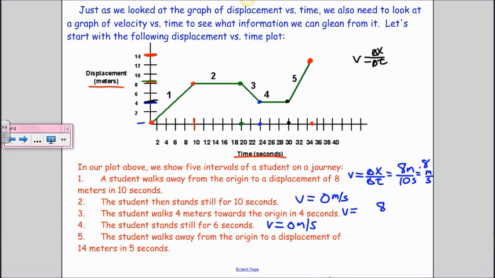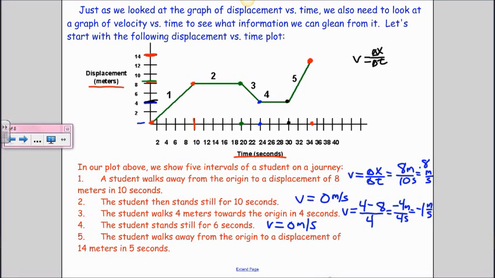In this case, 4 meters was our final position and 8 was our initial. So it's 4 minus 8. And how long did it take to do that? 4 seconds. So the time elapsed was 4 seconds. So we have minus 4 meters in 4 seconds. So the average velocity in part 3 was negative 1 meter per second.